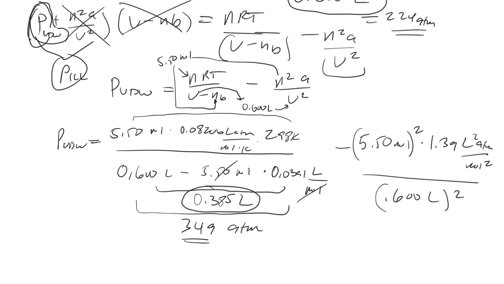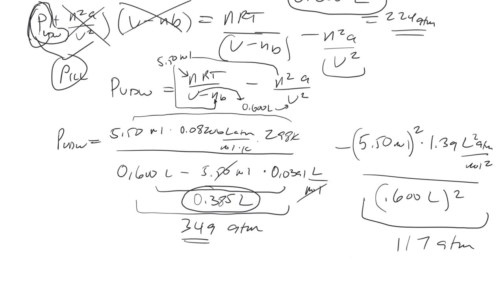So we go back to the 600 milliliter container. So let's calculate this part here. So 5.5 squared times 1.39, and then divide by 0.6 squared. And then this gives me 117 ATM.